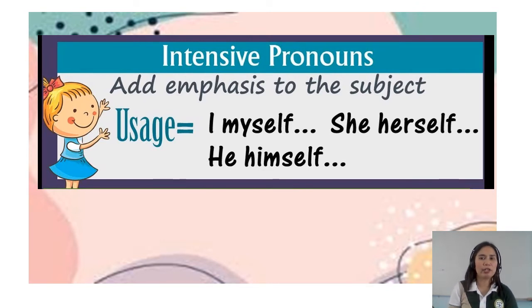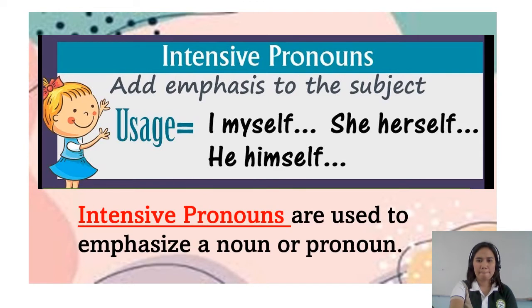And unlike the reflexive pronoun, intensive pronouns can be omitted from the sentence without changing its meaning. It is not necessary. Intensive pronouns are used to emphasize a noun or pronoun. Let's have some examples.